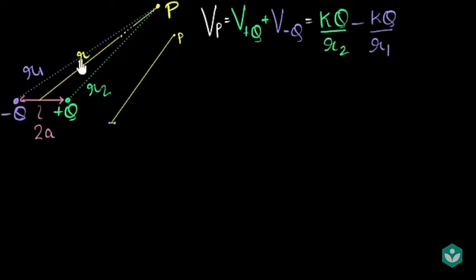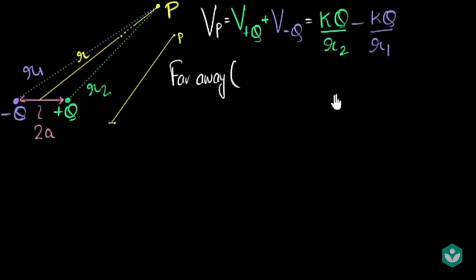Now comes the question, what do I do further? This is not done because we have to find the expression in terms of the given quantities, not r1 and r2. Well, I know the condition is that P is going far away. What that means is that the distance r is way bigger than the distance 2a. So let me write down the condition.